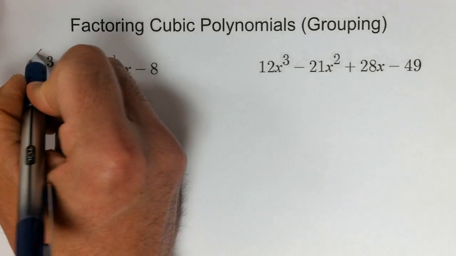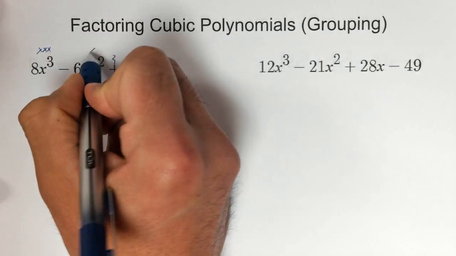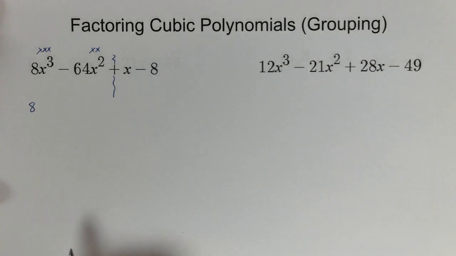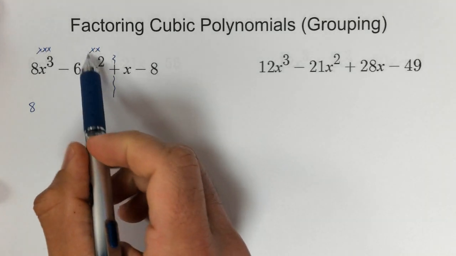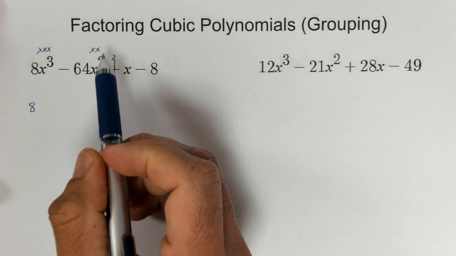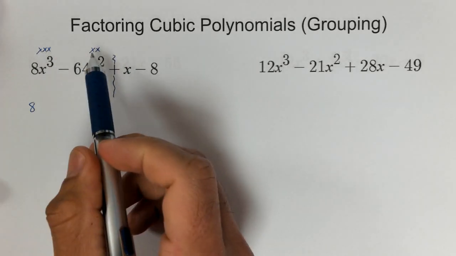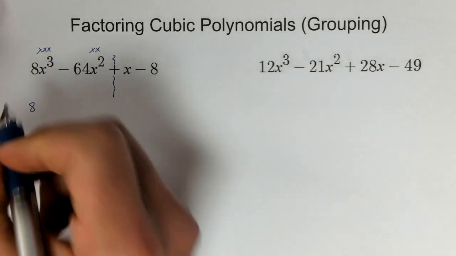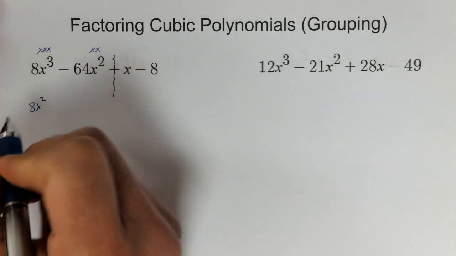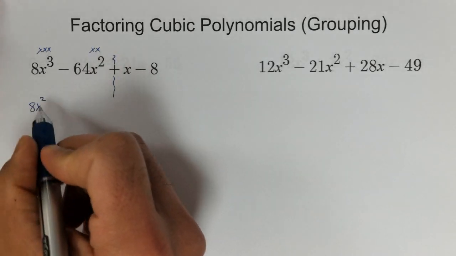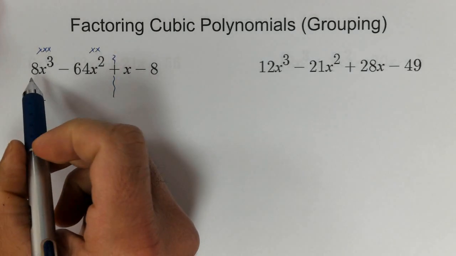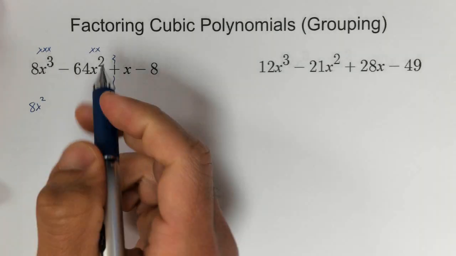Now here I have x cubed, and here I have x squared. So what is the most amount of x's that fit into both? 2 x's, right? And x squared. So since there's 2 x's in at least these two sides, I'm going to put this as x squared. We call this the GCF because it's the greatest common factor between these two terms.